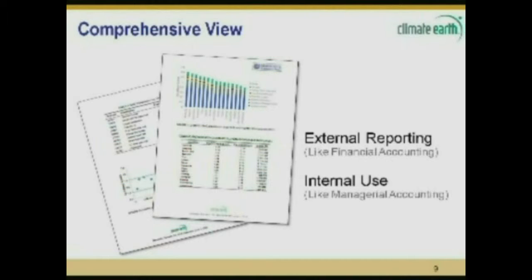Internal use, where the numbers really begin to focus on efficiency and effectiveness in your supply chain, is where these metrics become highly strategic. So let's look at some of these metrics and how they can be applied.